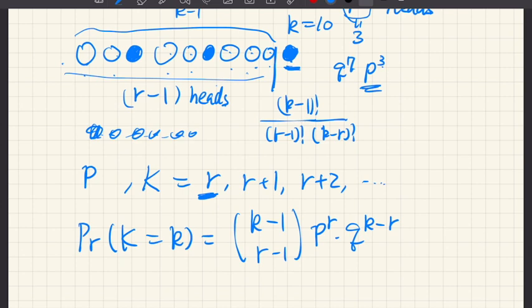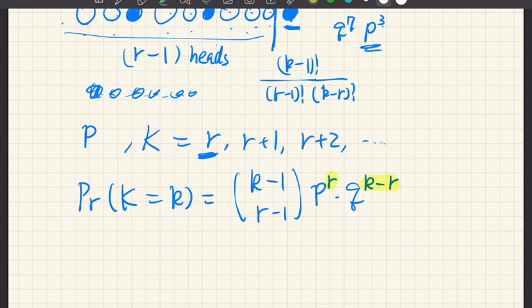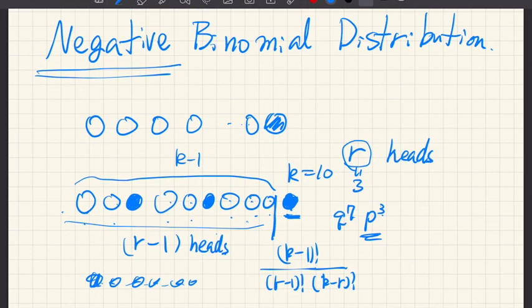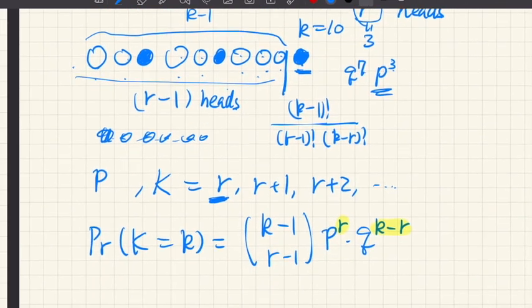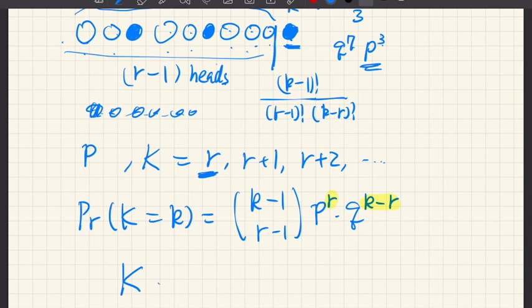So that means k minus r trials resulted in tails, and r trials resulted in heads. So this random variable is said to follow the negative binomial distribution. It's negative, it's not binomial. And we write k follows negative binomial distribution with parameters r and p. This r must be given and p must be given.